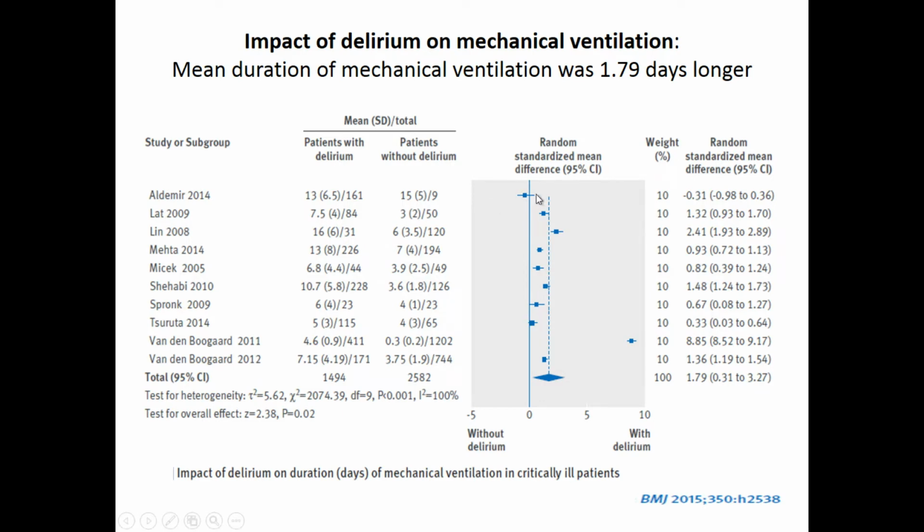And this forest plot really suggests that that is the case, that patients with delirium in aggregate, if you look at the sum of the available best literature, you can see that this final total triangle here is to the right of this line, which suggests that in summary, the literature suggests that delirium does lead to longer length of stay on mechanical support, and they came up with a number of just under 2 days longer, which is actually really quite impressively long.